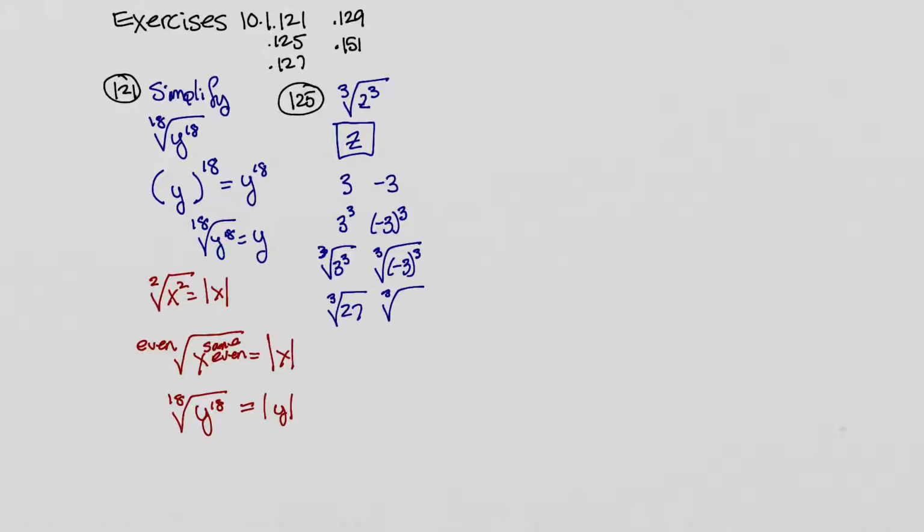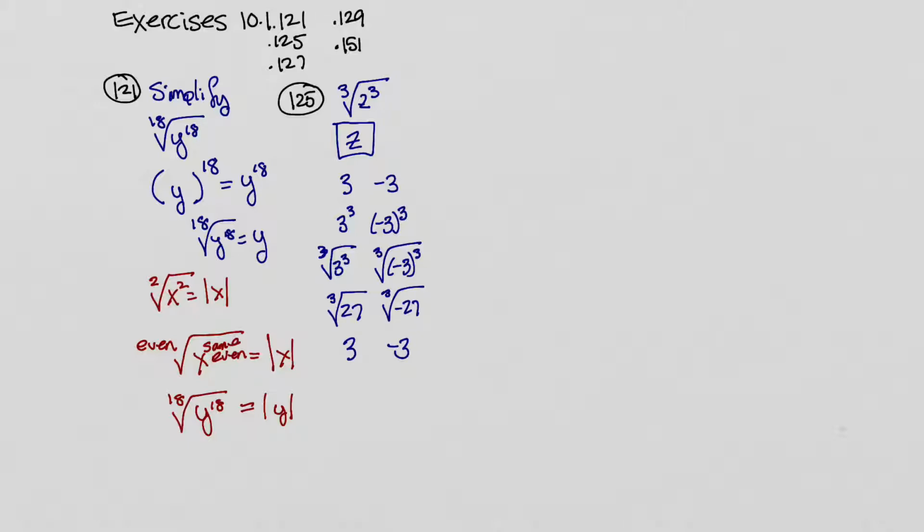Negative 3 times negative 3 times negative 3 is negative 27, and its cube root is negative 3. So if you put in a positive, you get a positive back. If you put in a negative, you get a negative back.